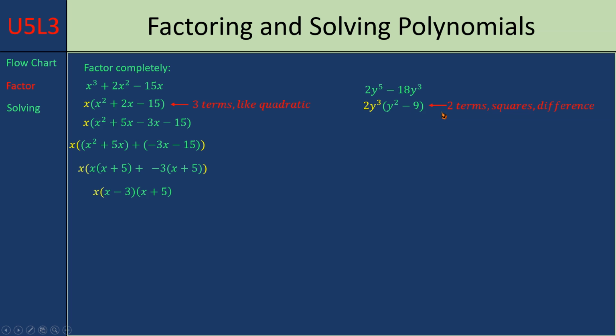So you follow the flow chart, and what does it say when it's two terms and it's squares and it's a difference? All right. So you have the pattern, so you have to find out what's A, what's B. A would be y, B would be 3. So now you follow that formula and you get y minus 3, y plus 3, and the GCF is still there.